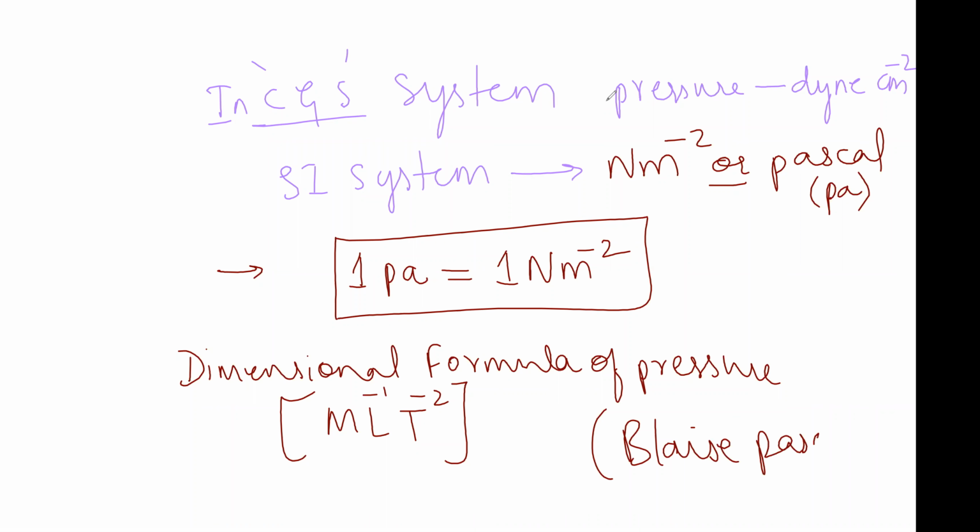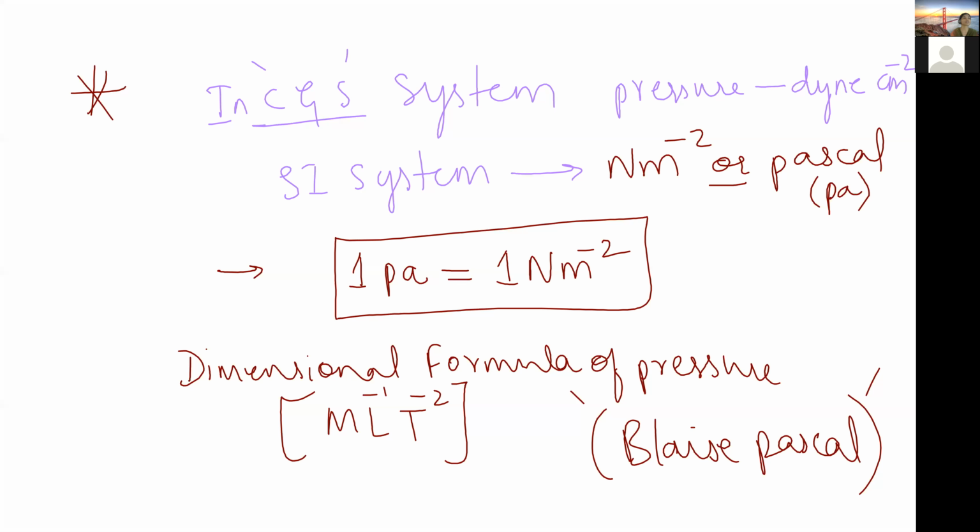So in honor of Blaise Pascal, the unit of pressure is called Pascal. That is why we say pressure is measured in terms of Pascal. So this is the SI unit we use to measure pressure.